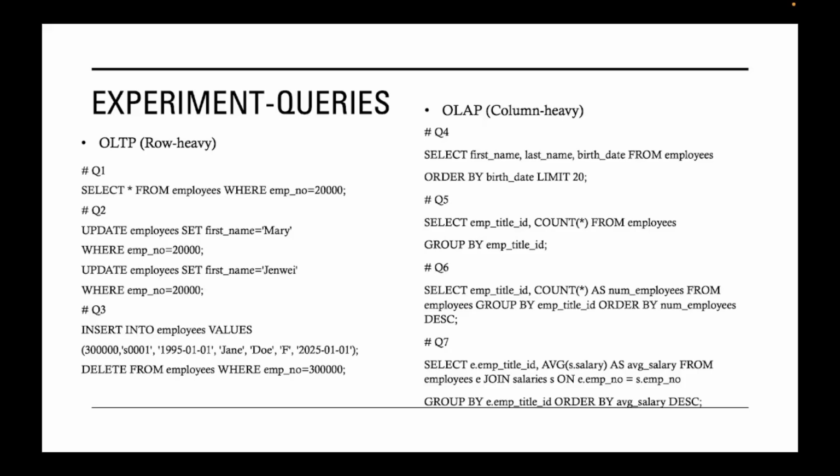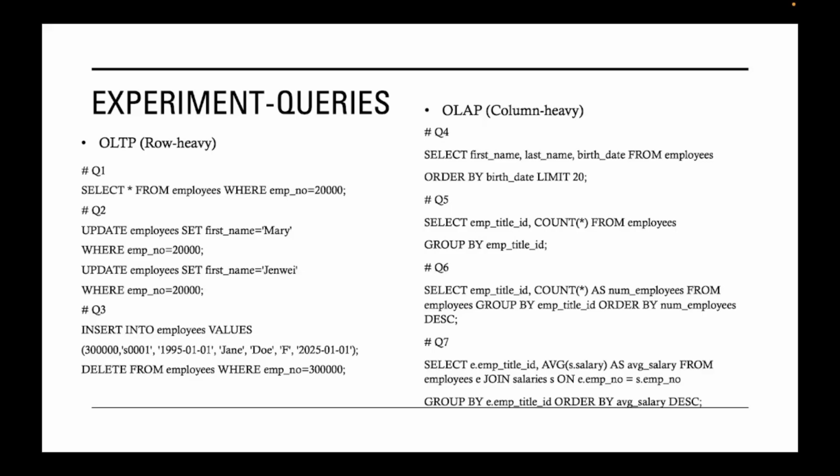And then for our OLAP queries, or column-heavy queries, these queries represent online analytical processing. They typically scan many rows but only a few columns, often involving some sort of sorting or aggregation function. Query 4 retrieves a few columns, first name, last name, and birth date, and then sorts that table.